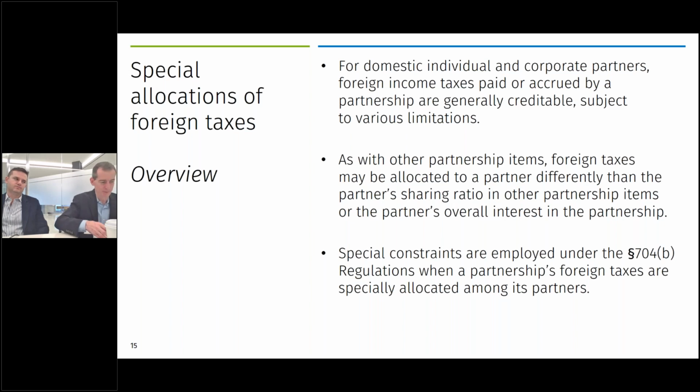As I mentioned earlier, partnerships are incredibly flexible creatures of tax law, and so you're not bound by any sort of pro rata allocations, but rather, subject to limitations in the 704B regs in particular, 909 as well, you could specially allocate various partnership items, and that's going to be respected for tax purposes. So, time to get into all that, but that raises the question of whether you can also do that with respect to foreign tax credits.